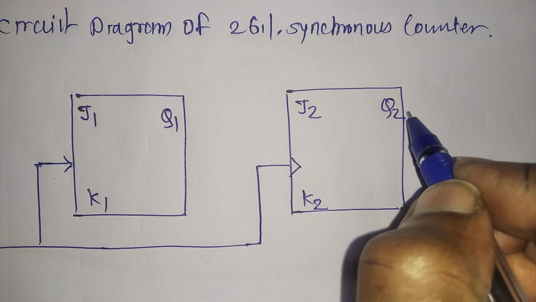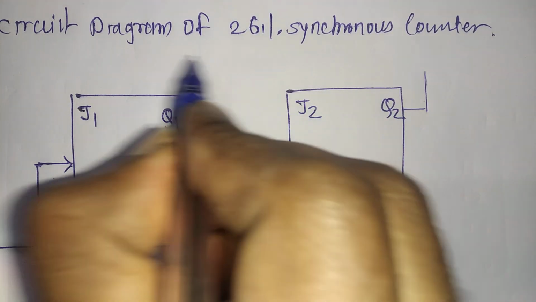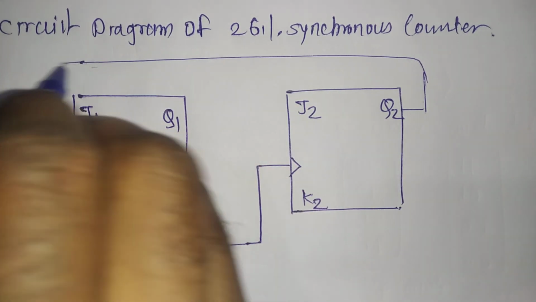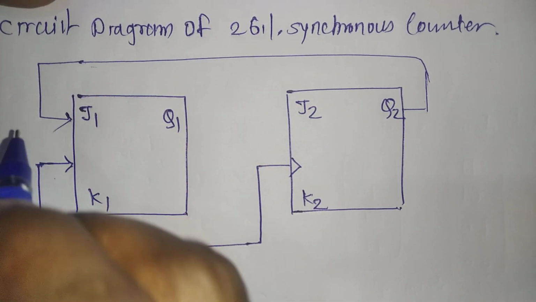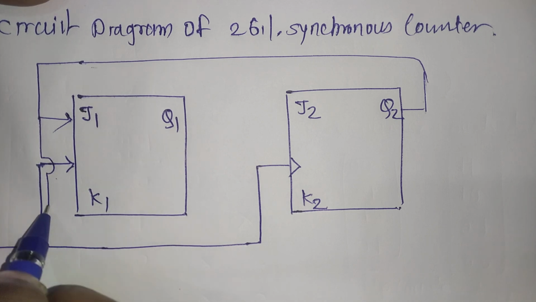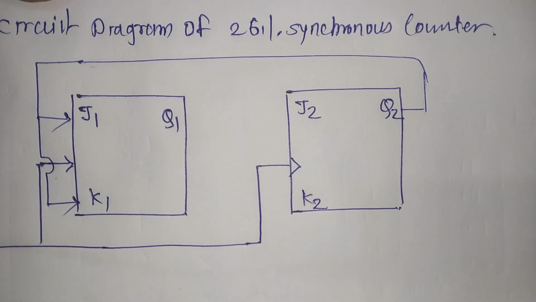I am connecting this Q2 to J1 and K1. So I have connected J1 = K1 = Q2, and J2 = K2 = high.